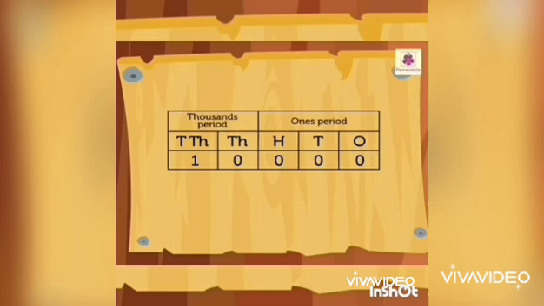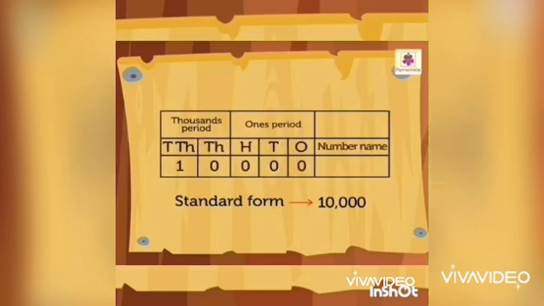When we write the number in the standard form, the number 10,000 is written as 1 0, comma, 0 0 0. And the number name is 10,000.